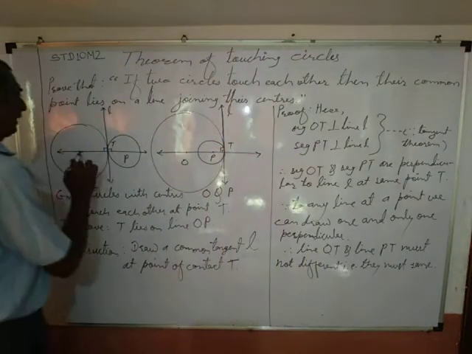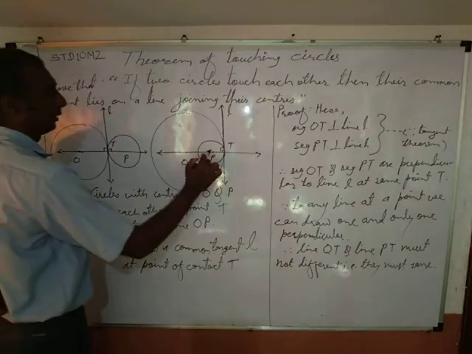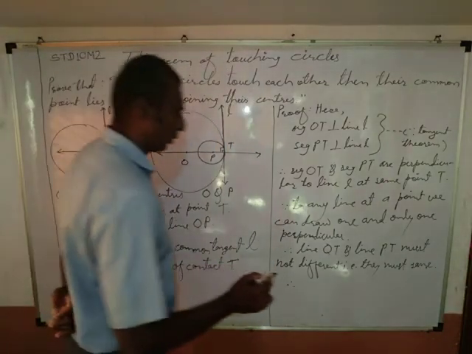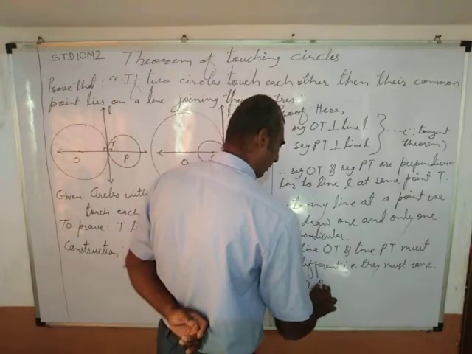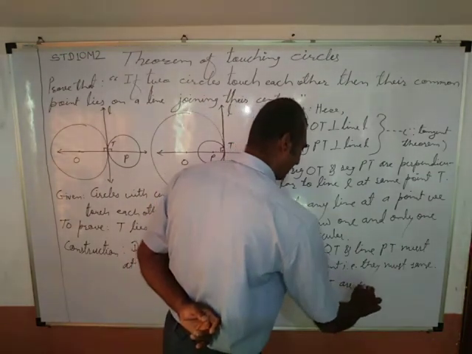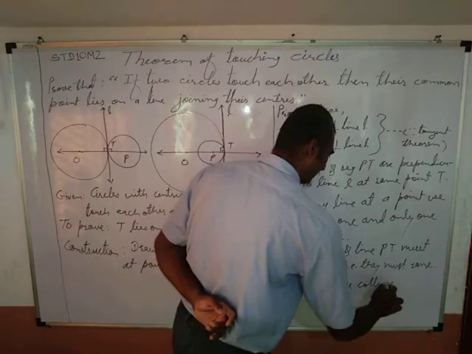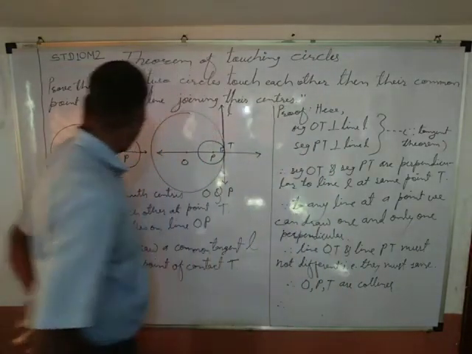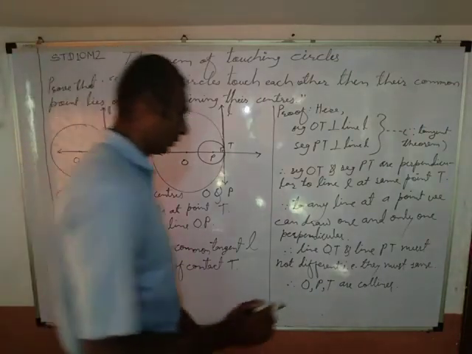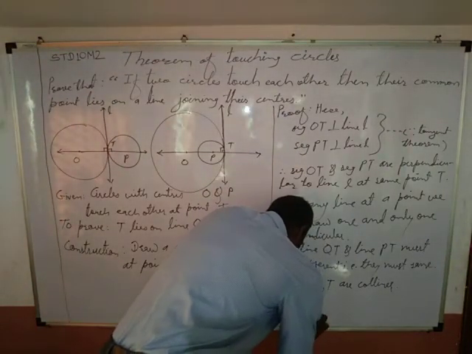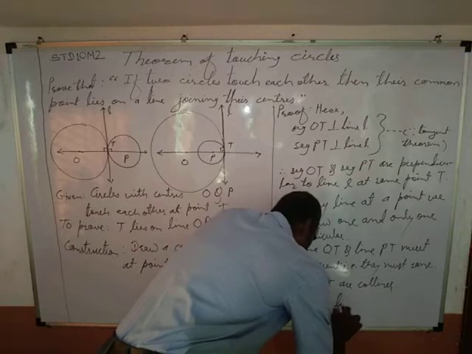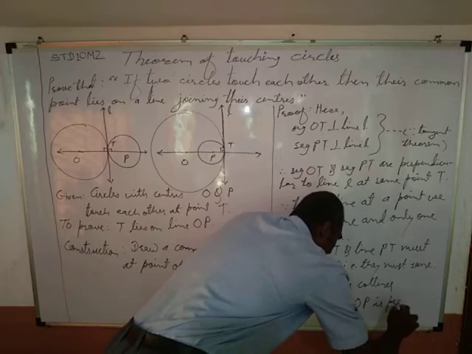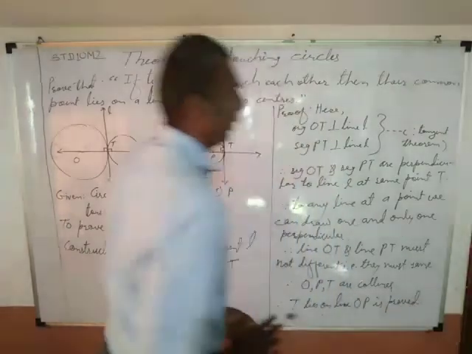Okay, line PT and line OT must be the same, and therefore O, P, T are collinear, and therefore T lies on line OP. Therefore T lies on line OP is proved. Okay.